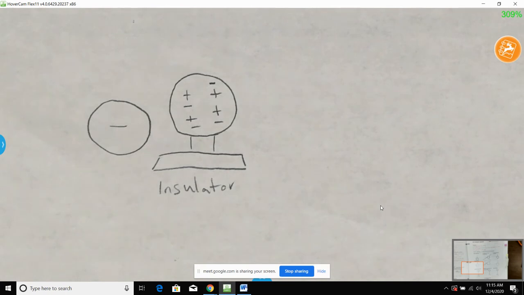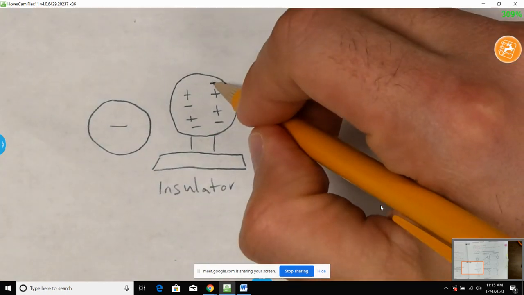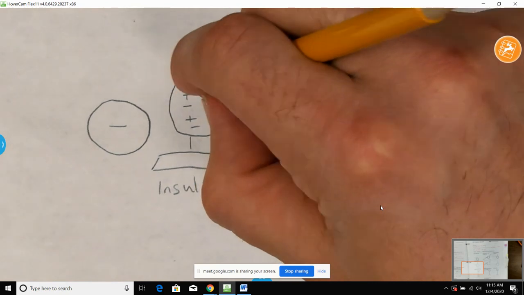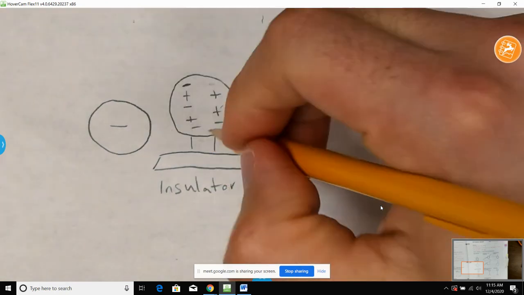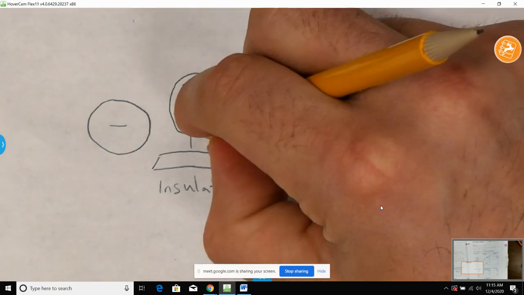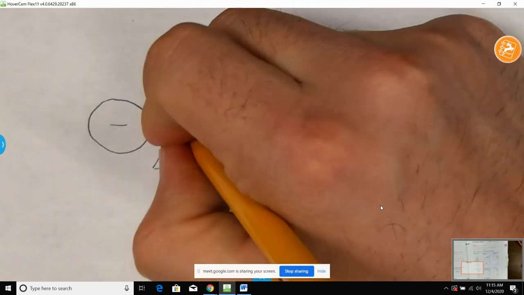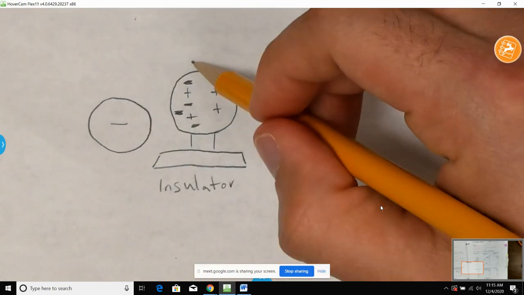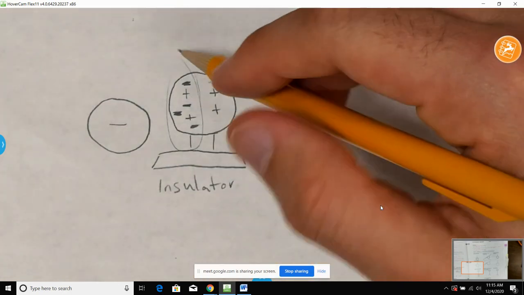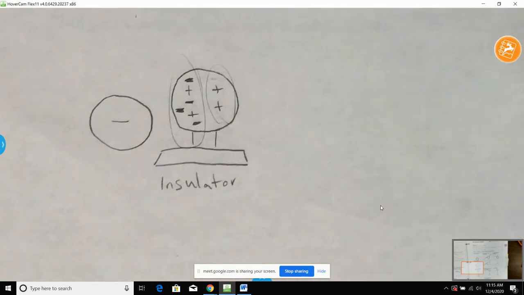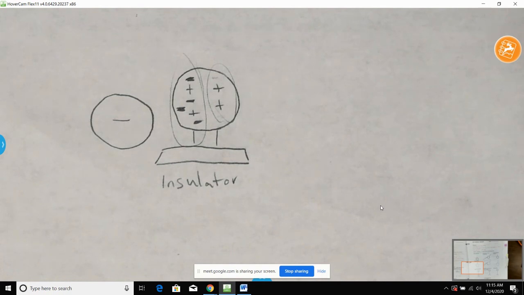So this electron is going to scoot over here, so he's now gone, and then this one maybe scoots over here, and now he's gone. So now this side is more negatively charged, and this side is more positively charged. Makes sense. Good.